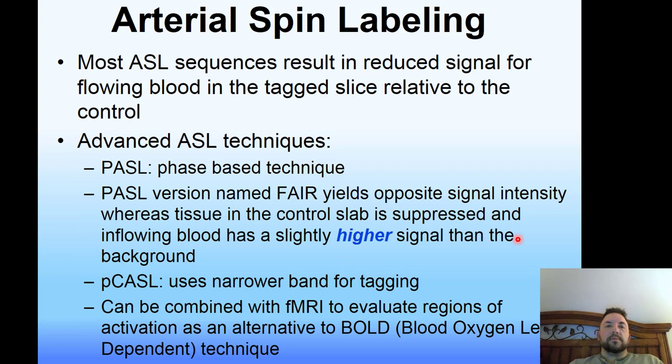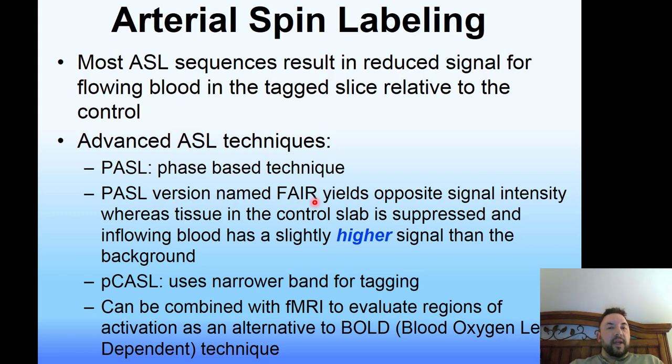And obviously it's a little deeper than that. There's newer techniques where there are phase-based techniques. So these are the current generation of ASL techniques, and they result in reduced signal for flowing blood in the tag slice relative to the control.